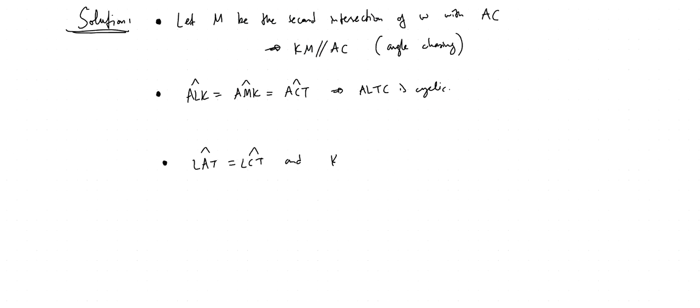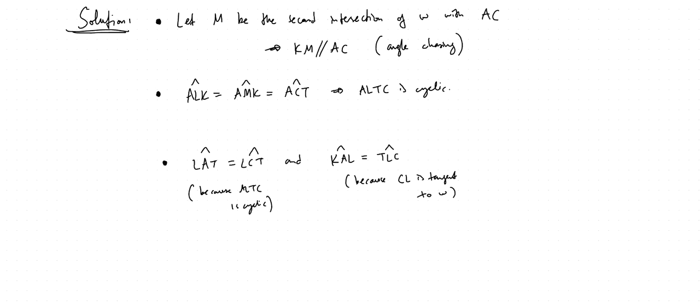This is because CL is tangent to omega. This is because ALTC is cyclic. This is good. I mean, this is because KM is parallel to TC, right?